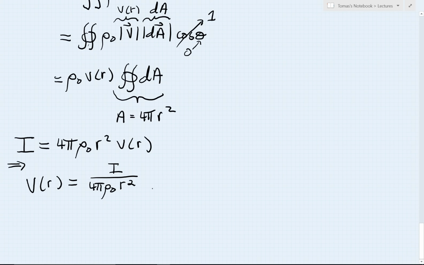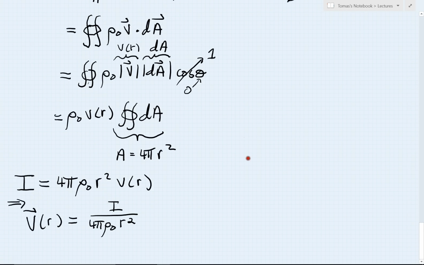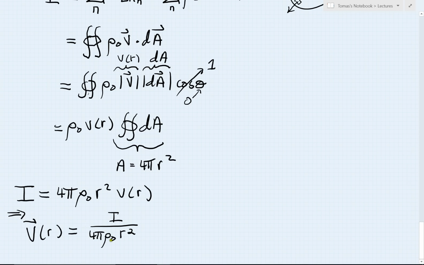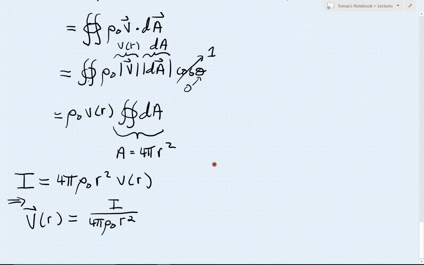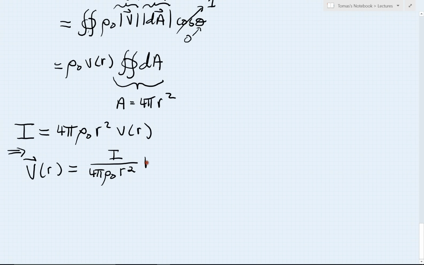And if I want to make it into a vector, because velocity does have a direction, the velocity vector will just be this magnitude times the direction of the flow, and we already determined that the direction of the flow is directly outward from the center. And so then this must multiply an outward unit vector, r hat. So let me put then a box around this final result.